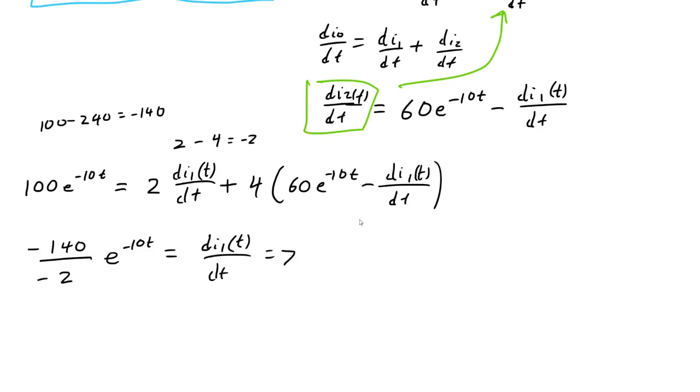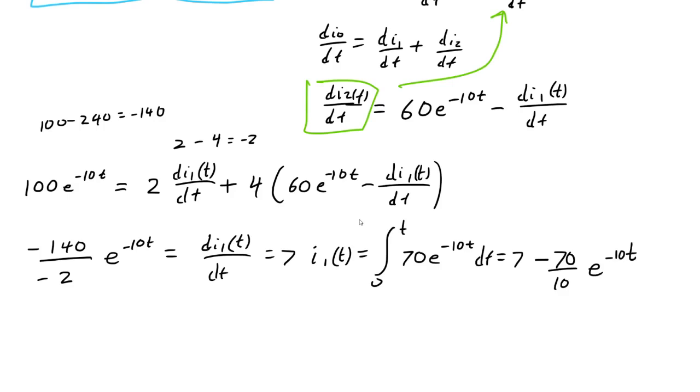Which means that I1(t) equals the integral from 0 to t of 70 e to the minus 10t dt, which is minus 7 over 10, which is minus 7 e to the minus 10t from 0 to t.